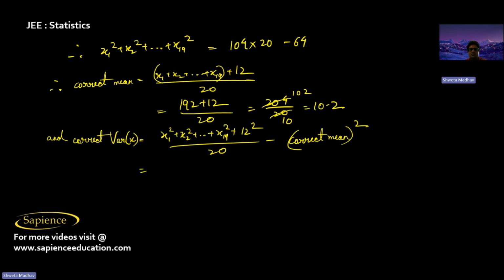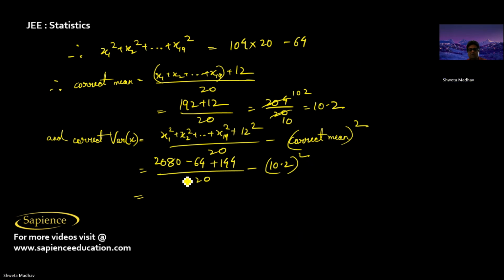So this will be equal to 2080 minus 64 plus 144 divided by 20 minus 10.2 whole square. So this will be 2080 plus 80 actually, divided by 20 minus 10.2 whole square.